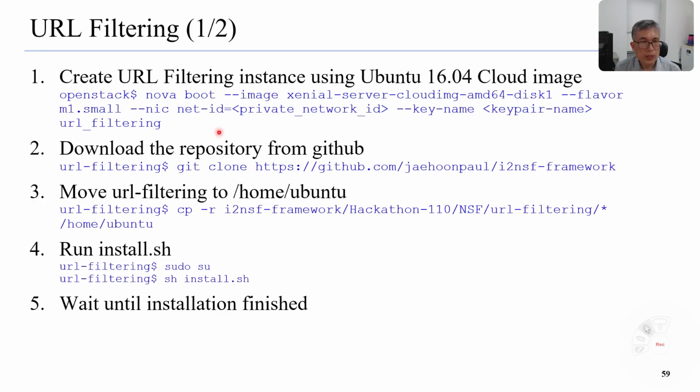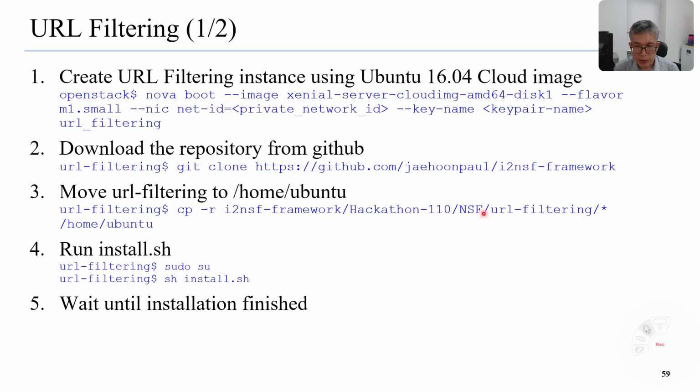And then URL filtering. Create the URL filtering instance using the Ubuntu 16.04 cloud image using the Nova command. Download the repository from GitHub, and then move URL filtering to your Ubuntu home directory.